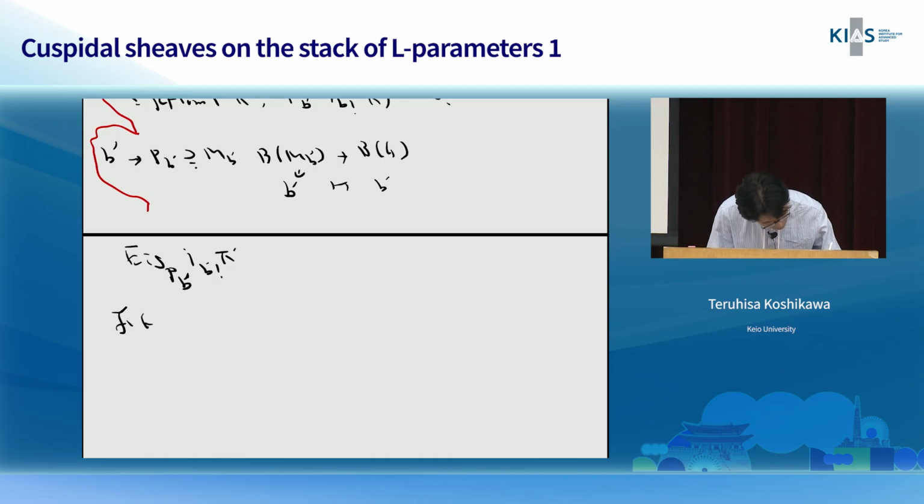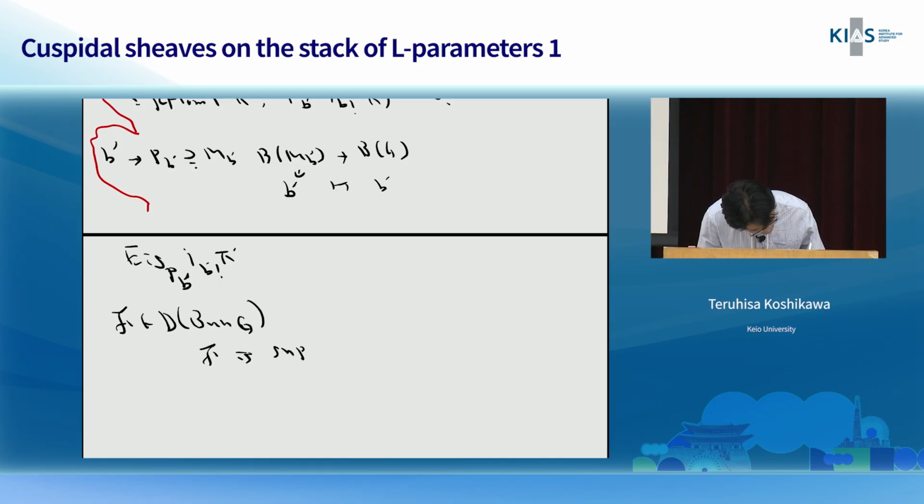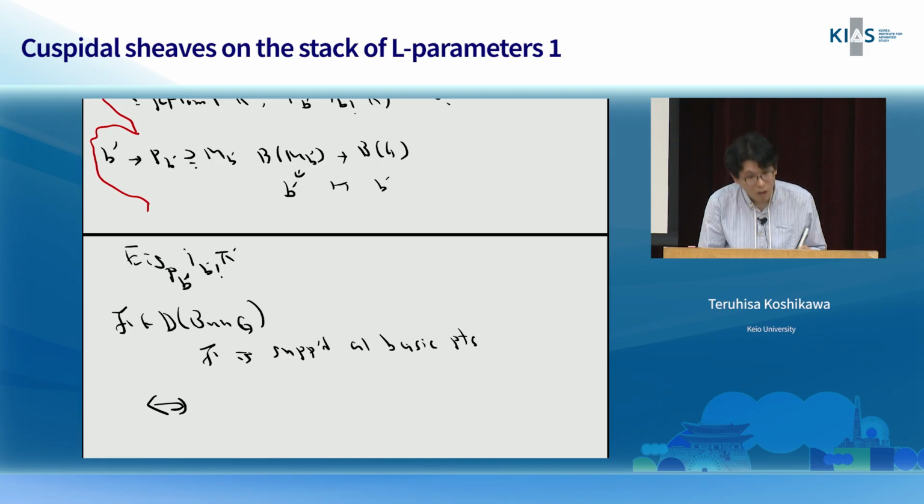F is now a general sheaf, and F is supported at basic points if and only if this kind of RHom vanishes.